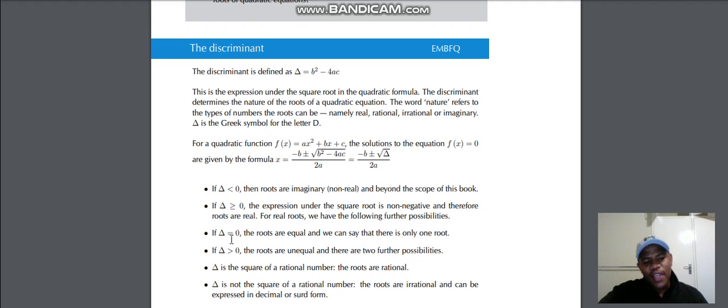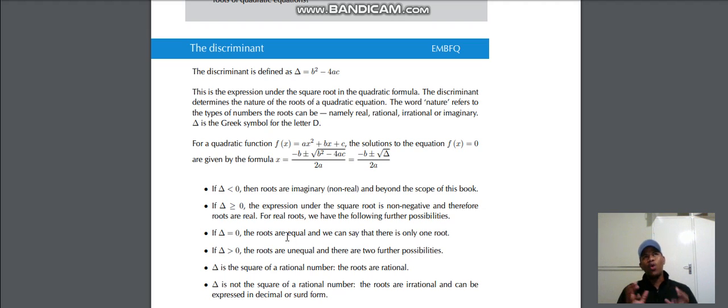And we're saying if delta is equal to 0, the roots are equal, and we say that there is only one root.